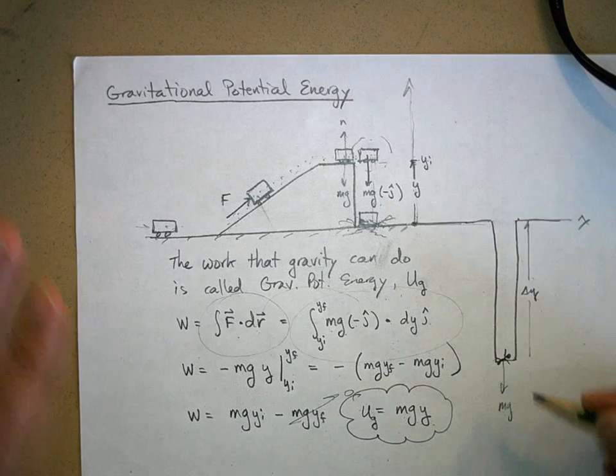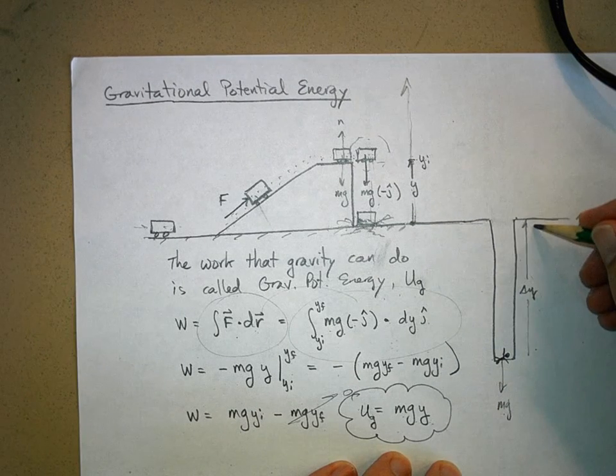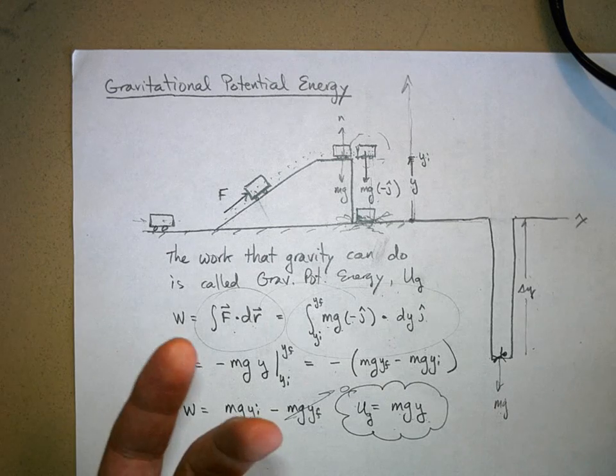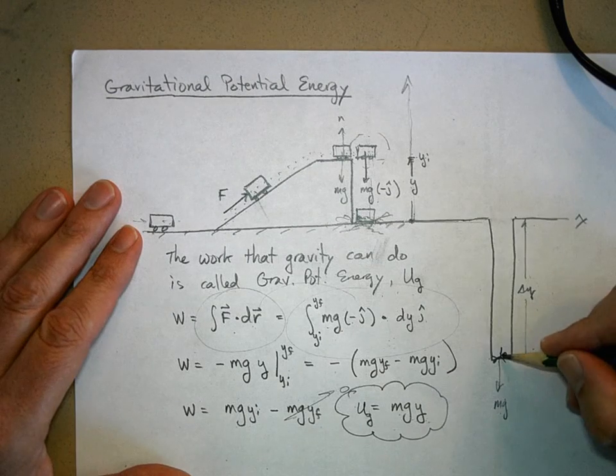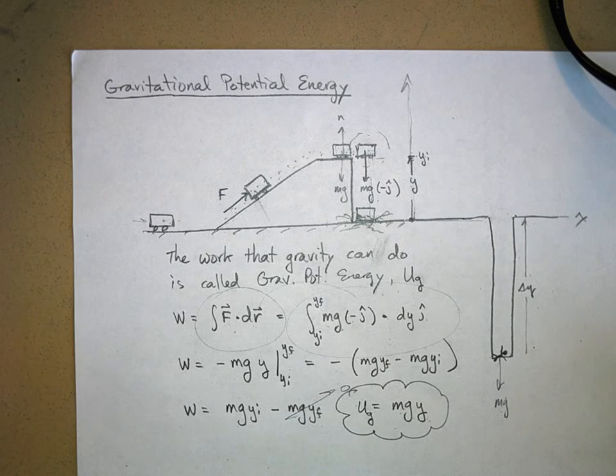And when the force and the displacement are in opposite directions, negative work is being done. So gravity will do negative work to pull Gage out of that well, if you choose to do so.